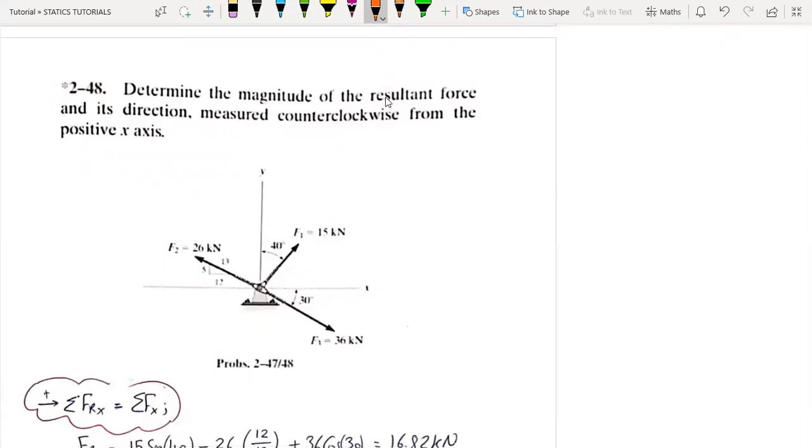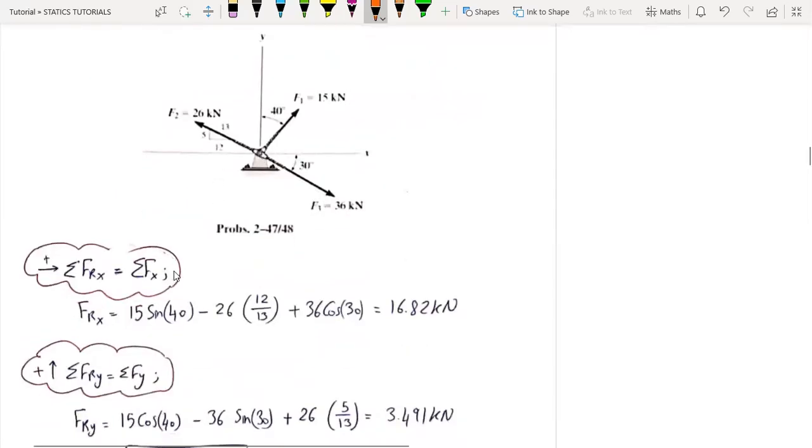They want the resultant force, the magnitude, and the direction measured counterclockwise. So here, taking the summation of the components in the x direction, first of all, 15 kilonewtons sine 40 will give us the component in the positive x-axis, minus 26 kilonewtons multiplied by 12 over 13 will give us the component in the negative x-axis.